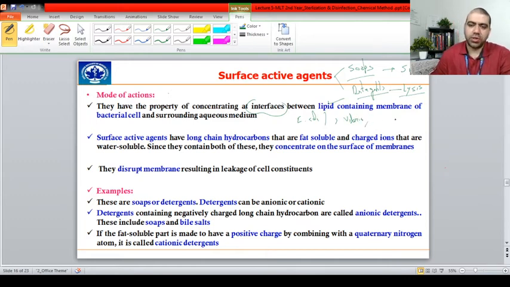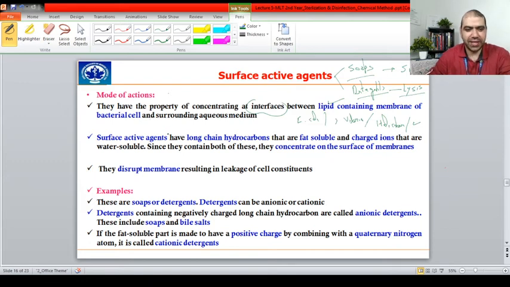Cholera means a patient has constant loss of stool and water. Another example of gram-negative bacteria is Helicobacter pylori. But we will not use detergent for it, because detergent will be toxic to our stomach.